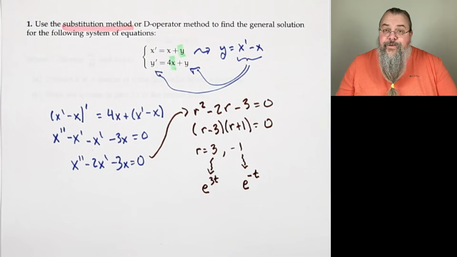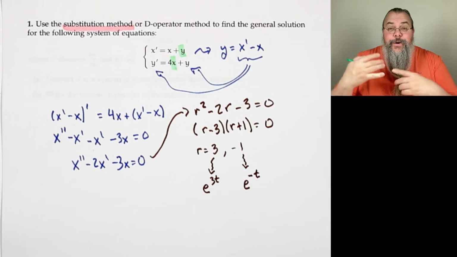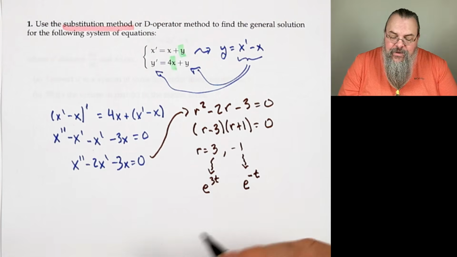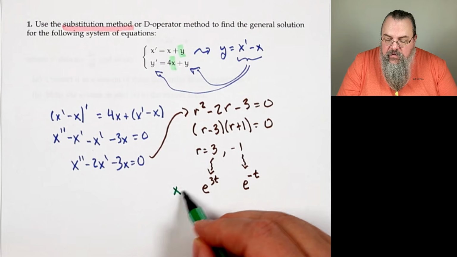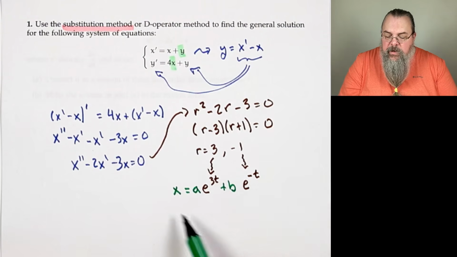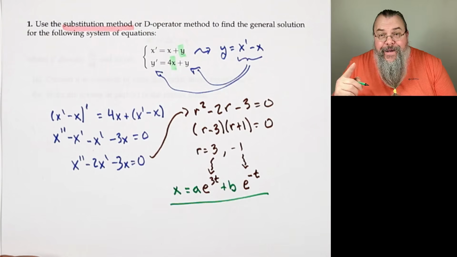Now, those are individual solutions. Because we have something linear, we can do superposition. And so our general solution for x, because we were solving for x, is some linear combination. Okay, so here's our x. How do we get y?